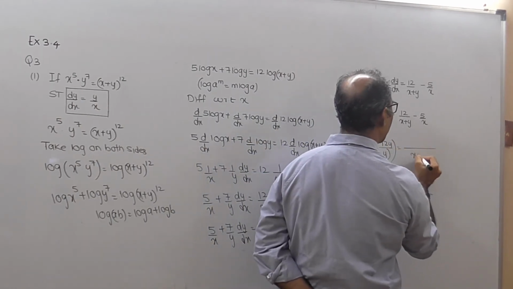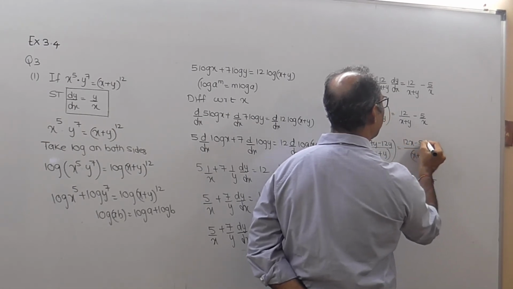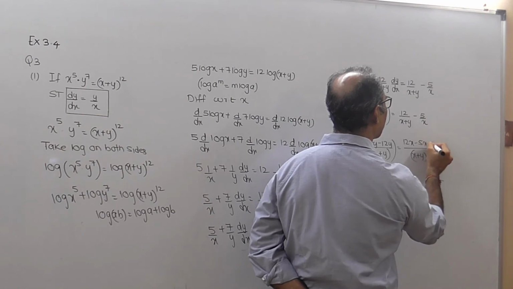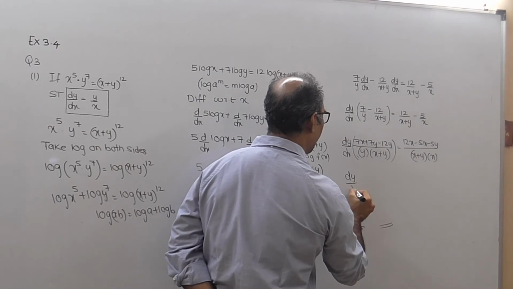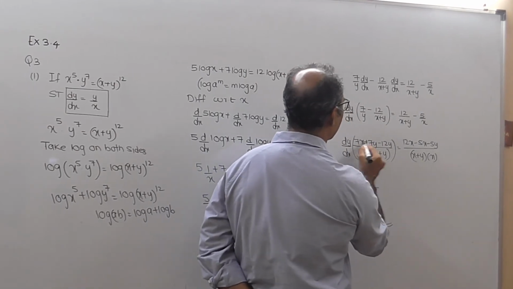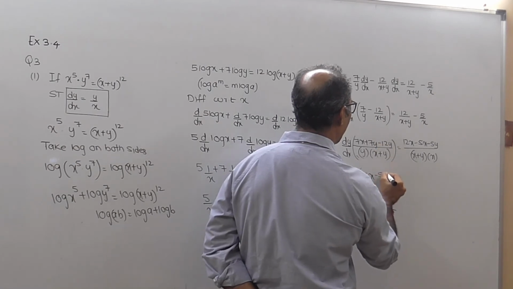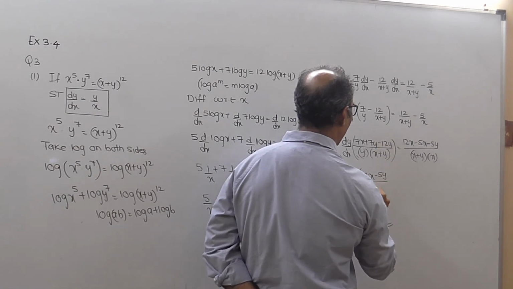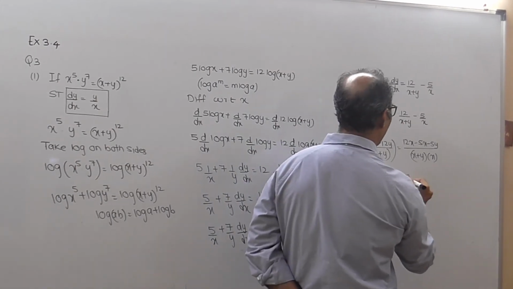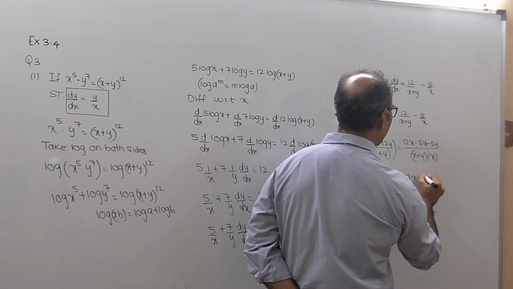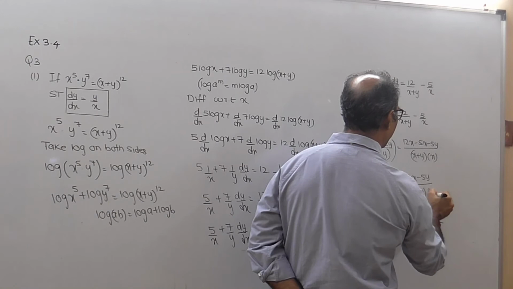This will be x plus y into x, that is 12x minus 5x minus 5y. So you get dy by dx. I think 7x will remain as it is. 7y minus 12y is minus 5y upon y into x plus y. I think 12x minus 5x is 7x minus 5y followed by x plus y into x.